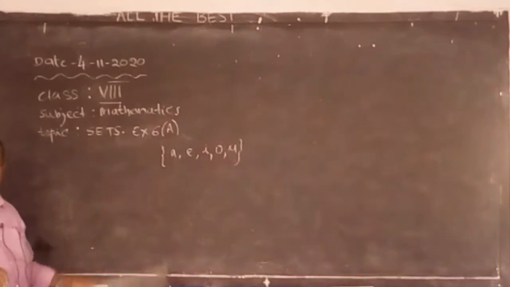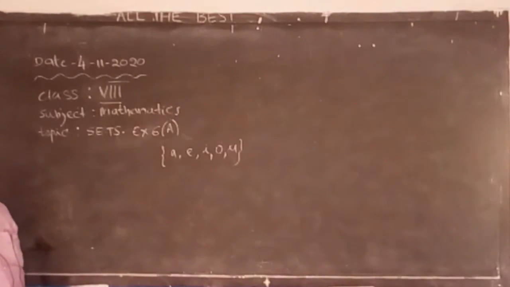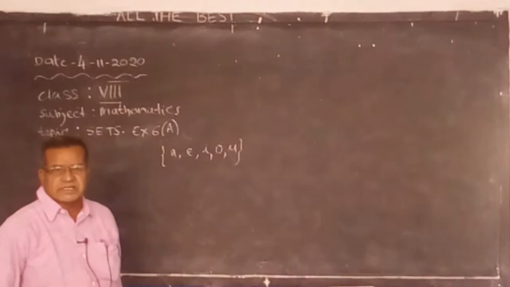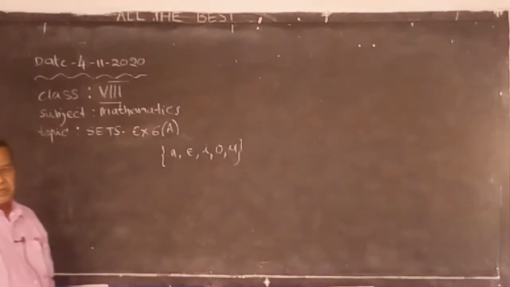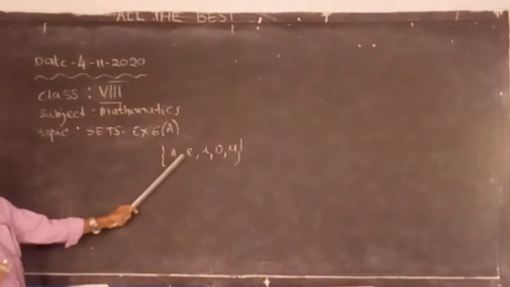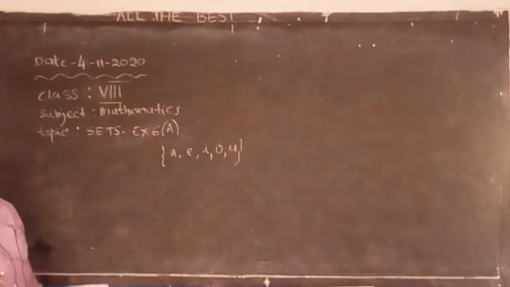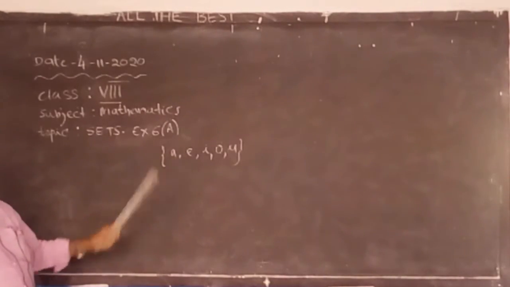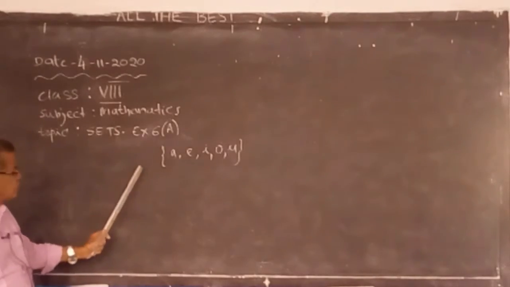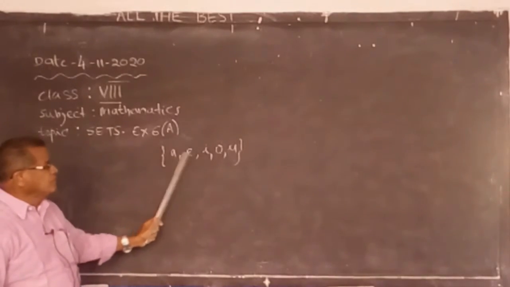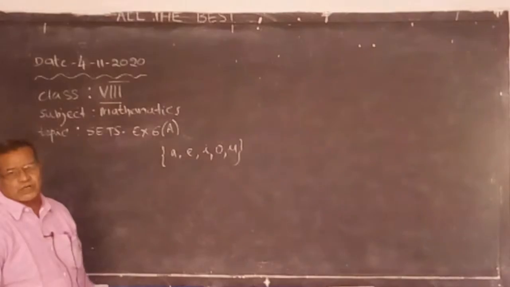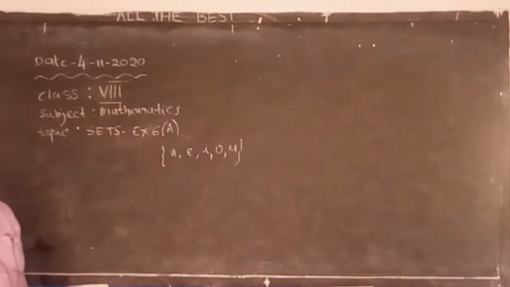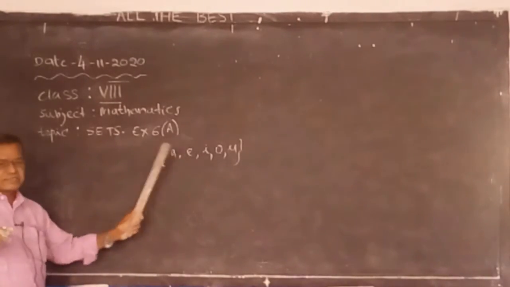We can express sets in two forms: roster form and set builder form. In roster form, we know the elements, the objects. But in set builder form, we write the rule of the elements. What is the rule here? These are the vowels of the English alphabet.